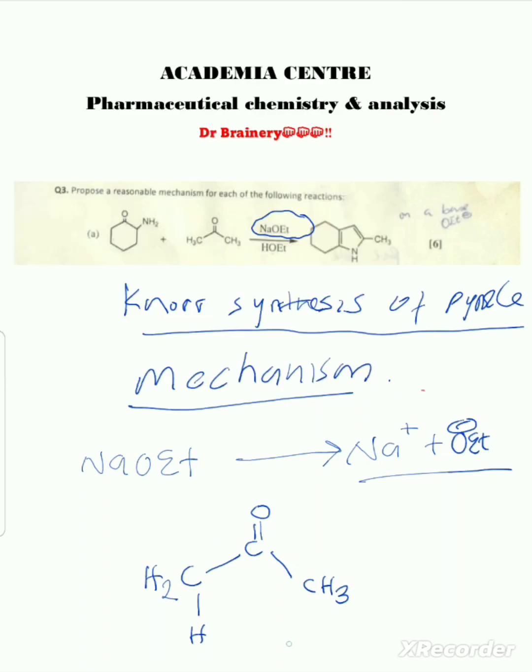Then here I'm going to bring this ethanoate, which is the base, like this. Get? So here I'm going to grab this hydrogen, then this bond will come, these electrons will come direct to the carbon.